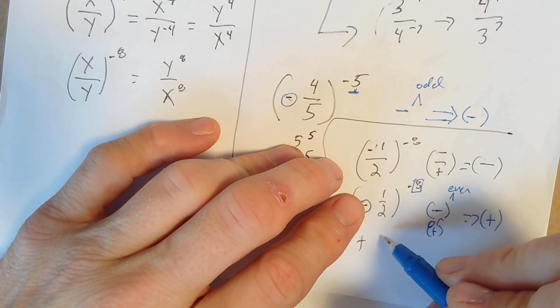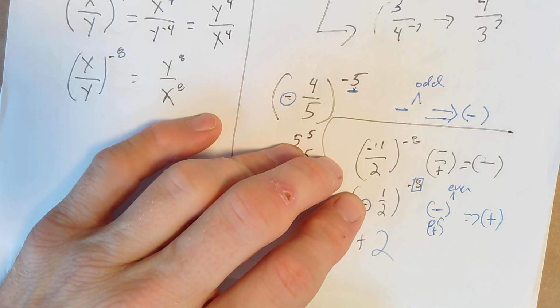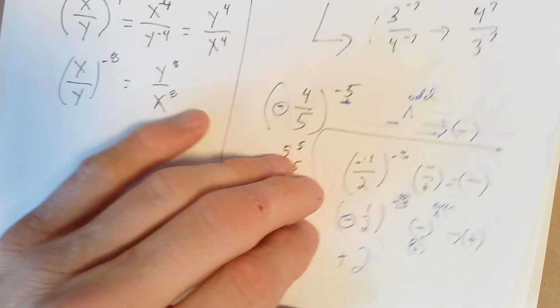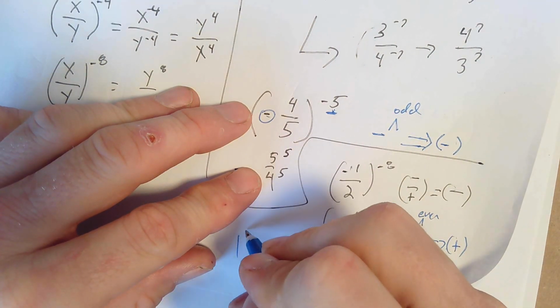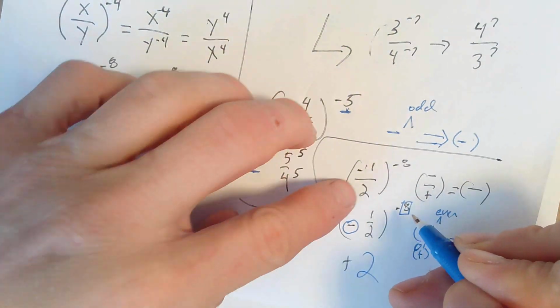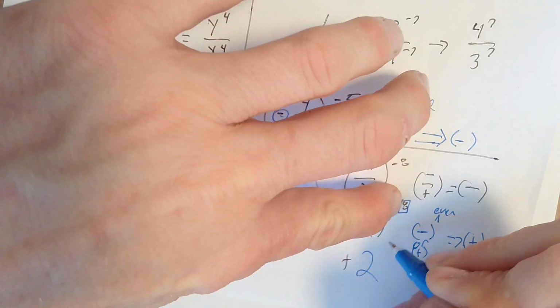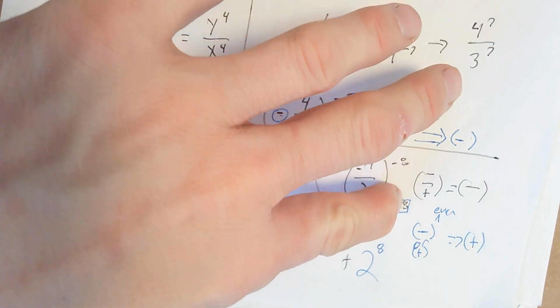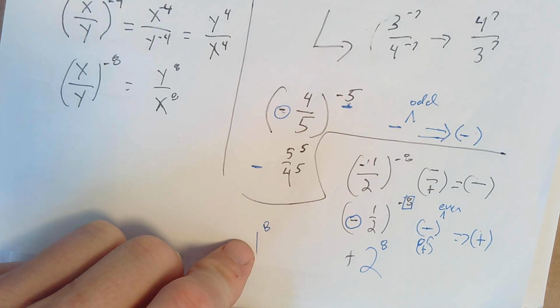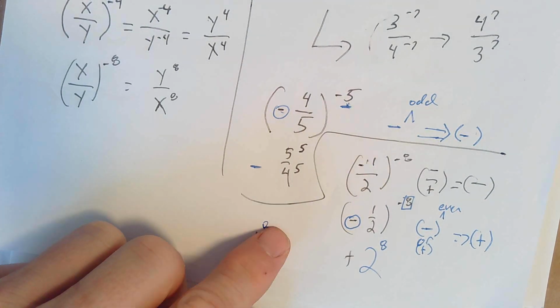So I'm going to flip the 1/2 to make it 2. Why did I not show the 1? Well, 1 to the 8th, because I'm going to apply the 8 to the 2. Now the negative's gone after I flip the 1/2. I'm just going to apply the 8 now, 2 to the 8th. Why did I not show the 1? Well, 1 times 1 is 1, times 1 is 1.